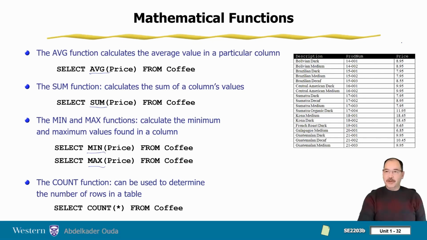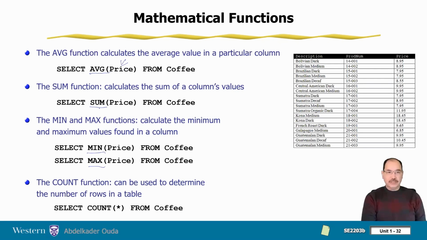Say I need the average of all the prices. So you can use the average method, AVG, and say the column name here. That means this command will consider all prices and calculate the average of all prices and return one line as a result, which has only one value, which is the average of all prices that exist in the table.